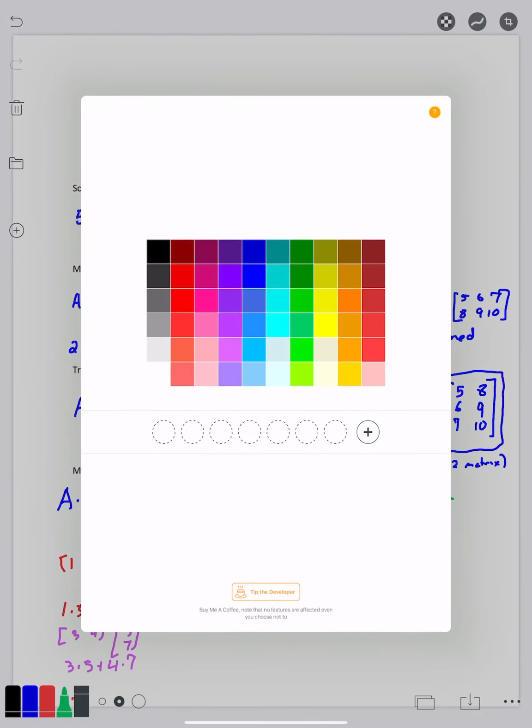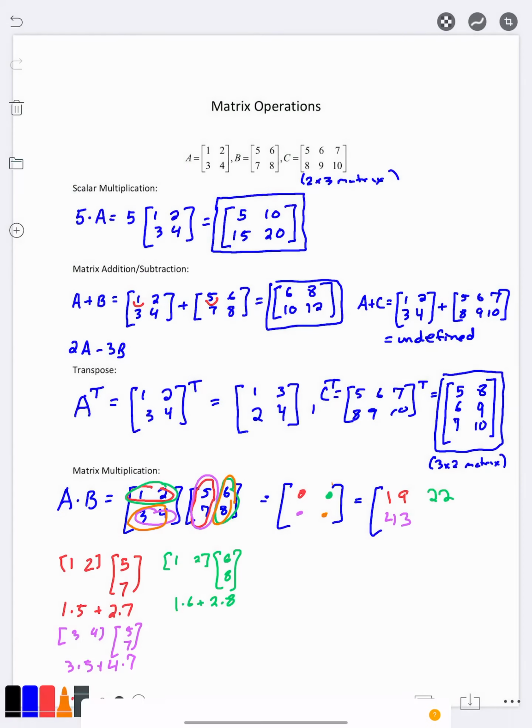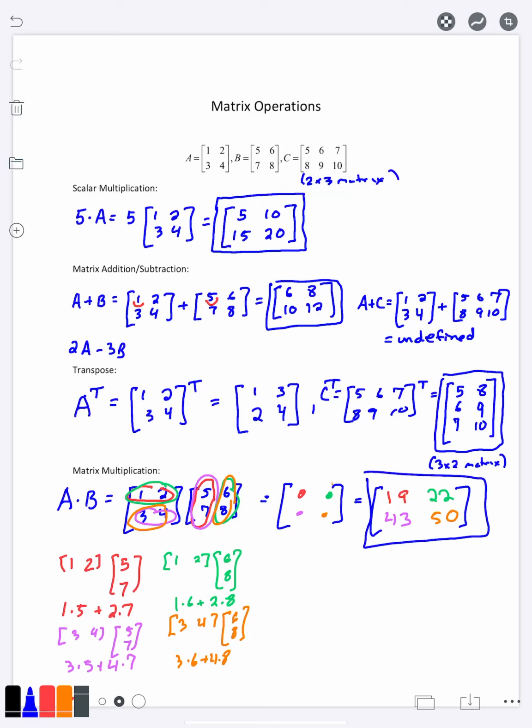And then the last one here is where I have 3, 4, and 6, 8. 3 times 6 plus 4 times 8, 18 plus 32 is 50. And so this big mess over here, this would be the answer that we are looking for, A times B.